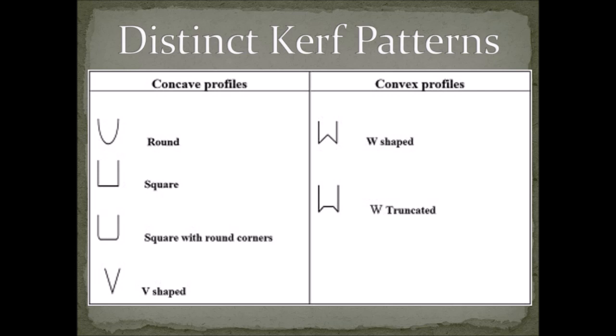Conversely, over at the other side, we have our convex profiles. These are really common in a saw. So here's that W shape I showed you just a minute ago when we looked at those alternating saw teeth go down to either side, right? Now we have what's called a truncated W, and that's where the saw teeth might have a third tooth right in the middle that chips out this middle part.